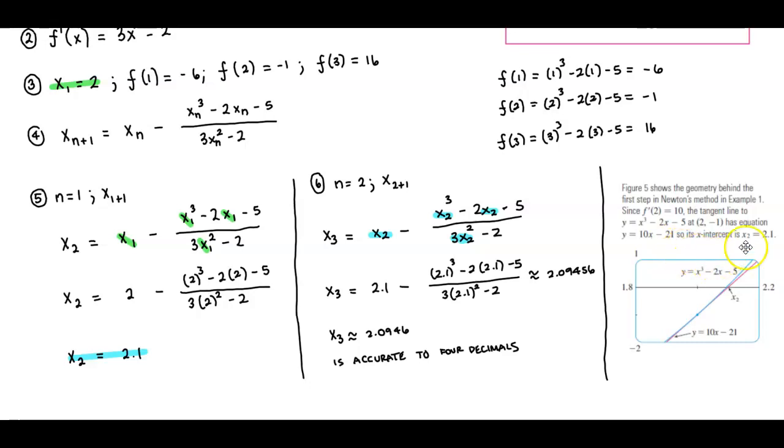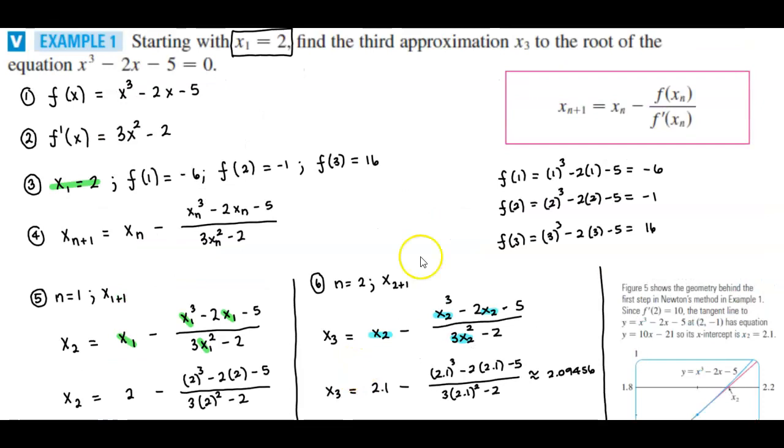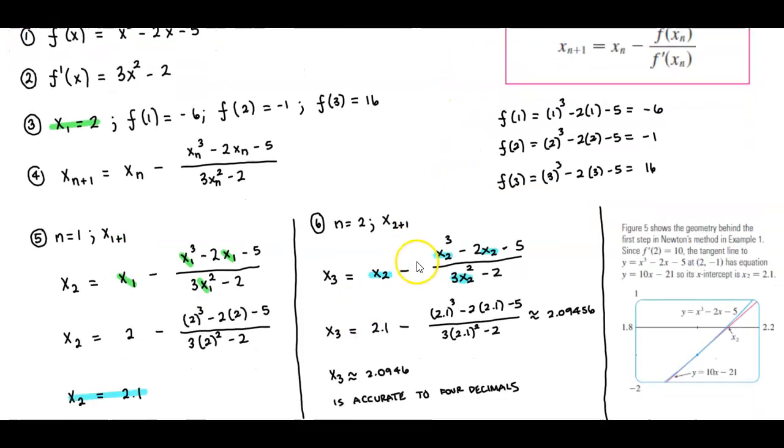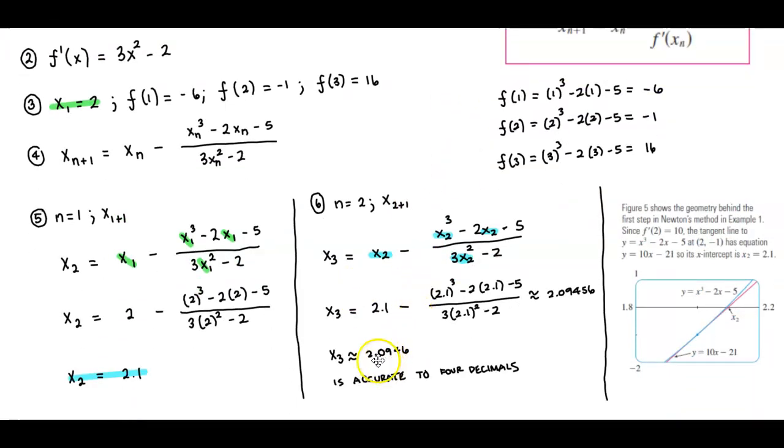So its x-intercept is x subscript 2, which is equal to 2.1, which is what we found here. So therefore, to answer our question, the third approximation to the root of that equation is approximately, to 4 decimal places, 2.0946.